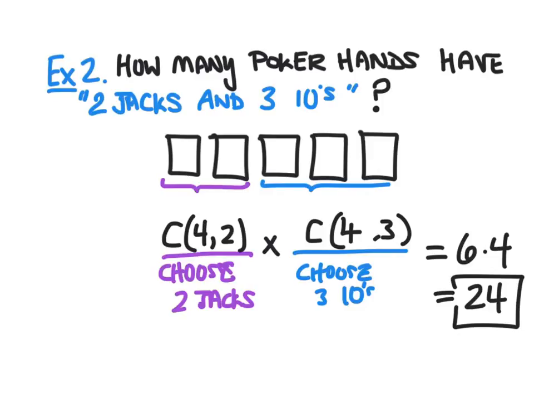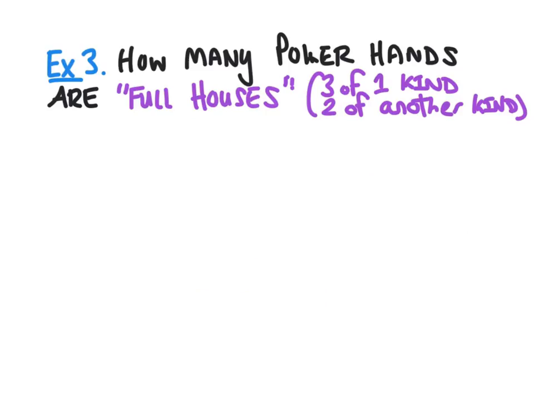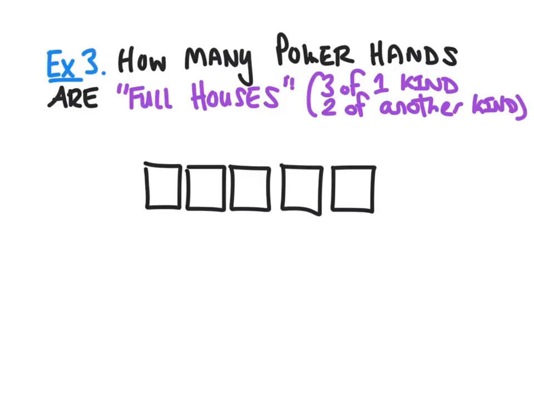Let's do one more example, guys. Suppose that you were asked how many poker hands have full houses. Now, a full house is a 5-card hand that has 3 of one kind, so maybe 3 aces, 3 jacks, 3 tens, and 2 of another kind, so 2 2s, 2 3s, etc. So again, here's our 5 cards. To find the total number of possible hands that we have, we're going to break this into 2 tasks.